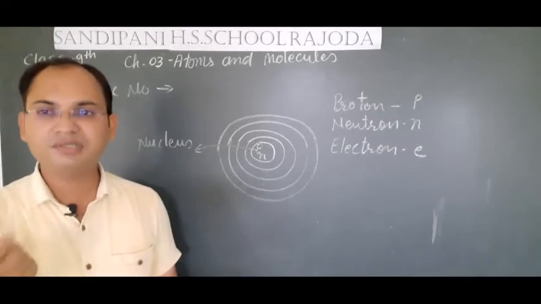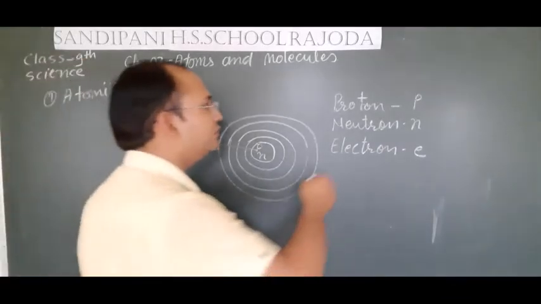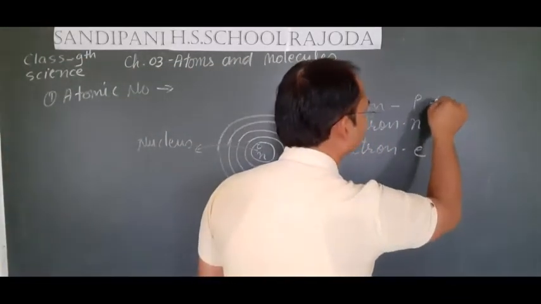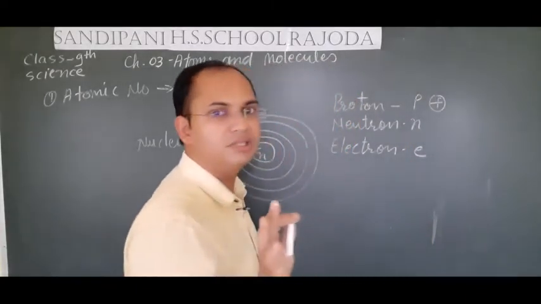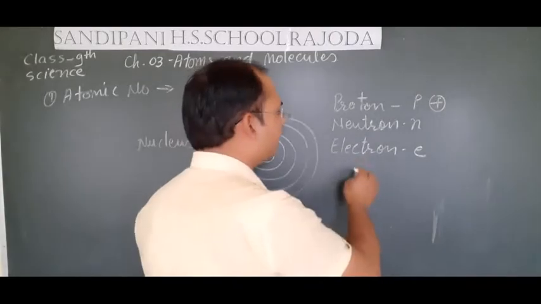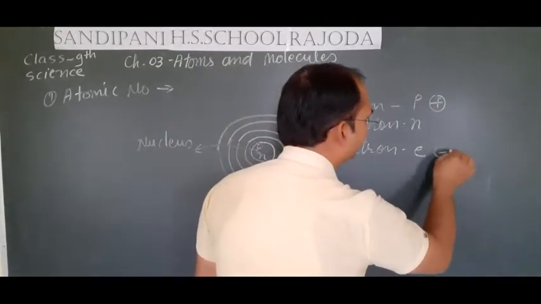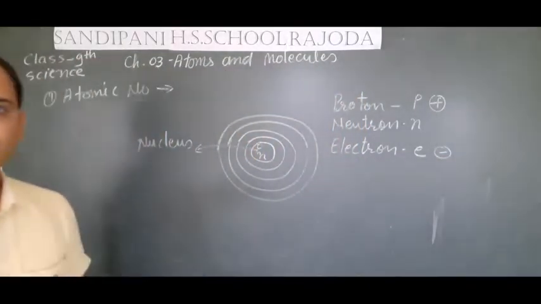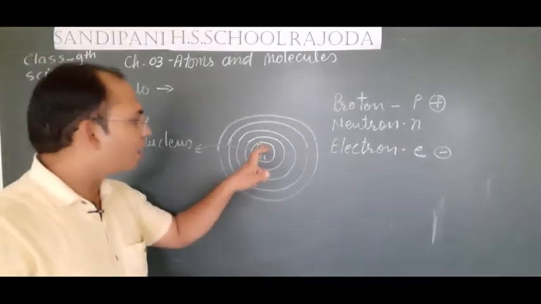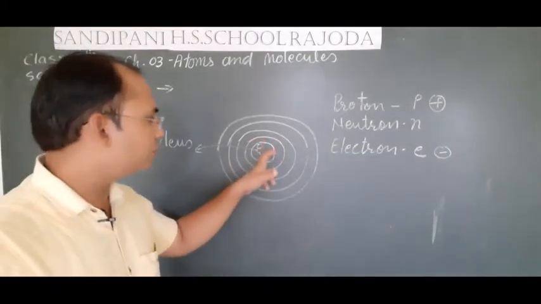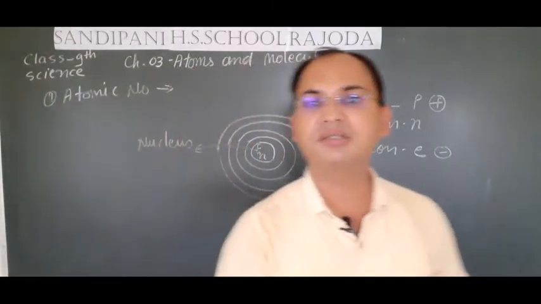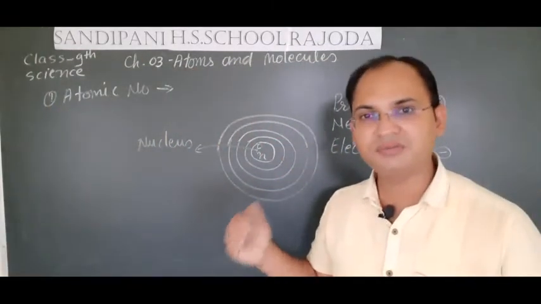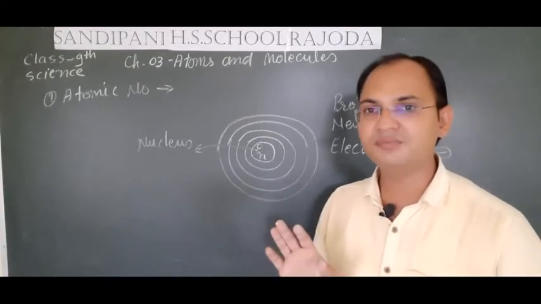Now if we talk about the charge on these particles, then we find that proton is positively charged, neutron has no charge, it is neutral, and electron is negatively charged. So students, inside the nucleus proton and neutrons both are present, but between these only proton has positive charge and neutron has no charge.